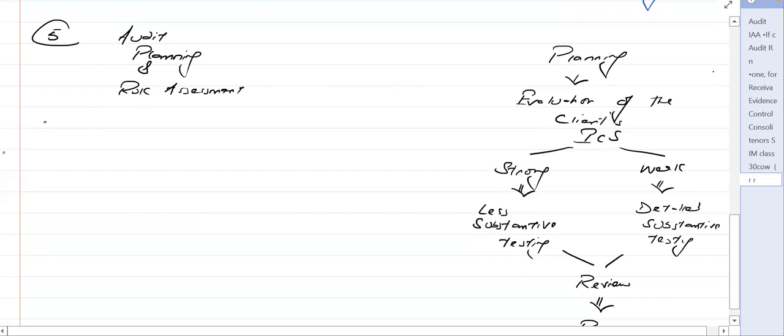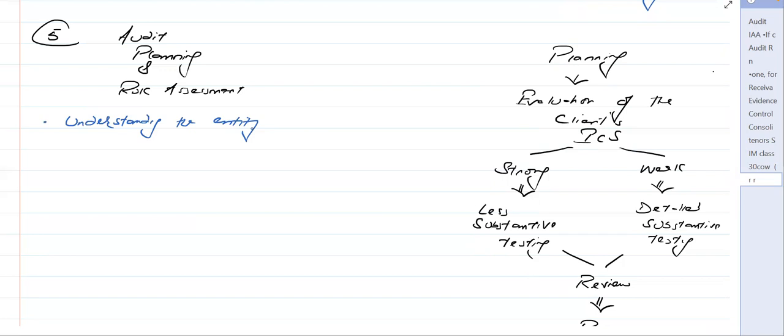The first thing is understanding the entity, the client, the company we are going to audit. What we need to understand regarding that, for example, is their accounting policies, their major customers, their major suppliers, their financial results, their industry, laws and regulations related to that industry, etc.